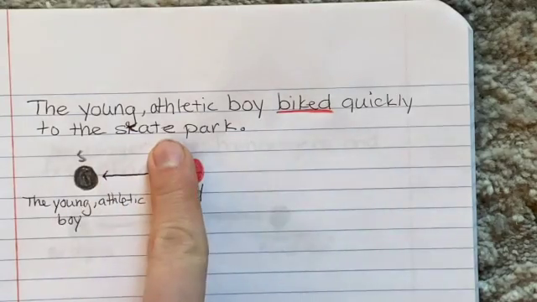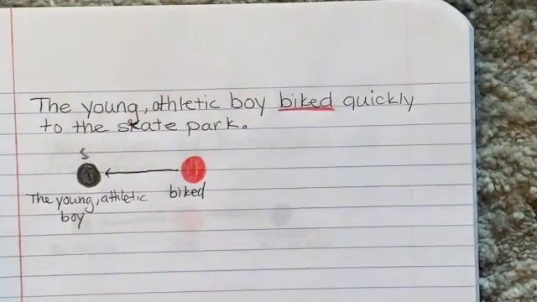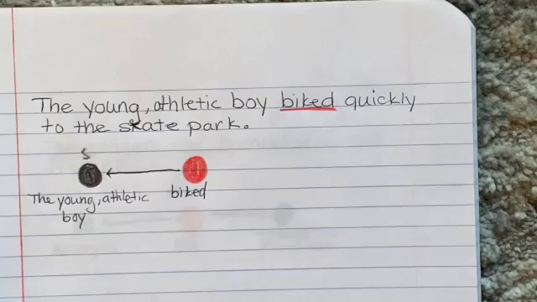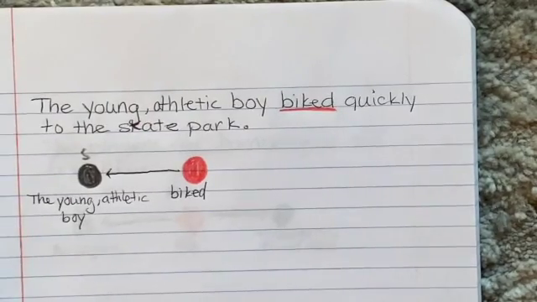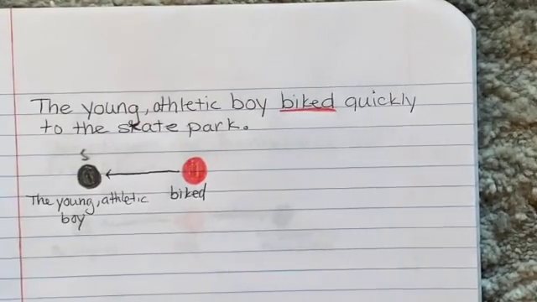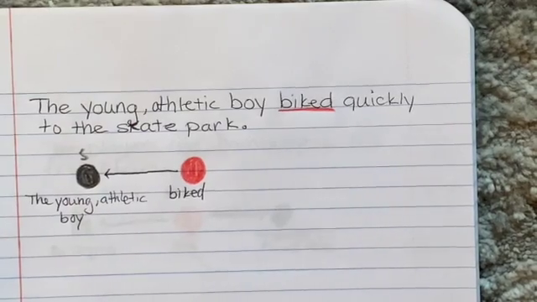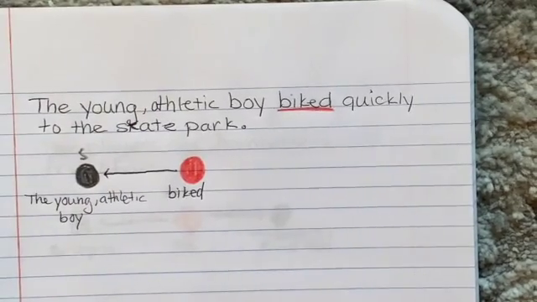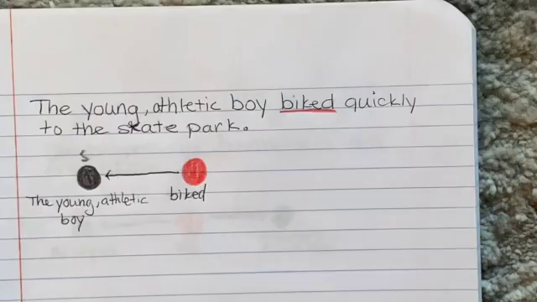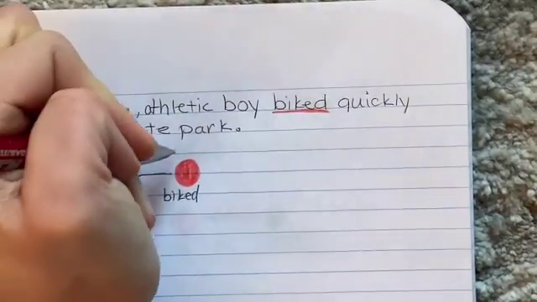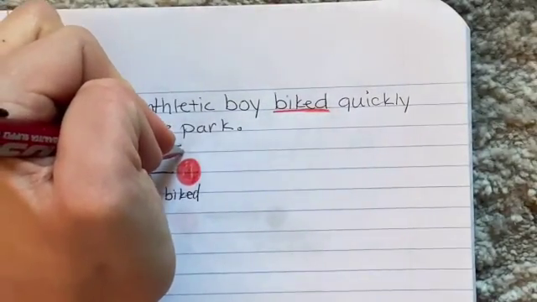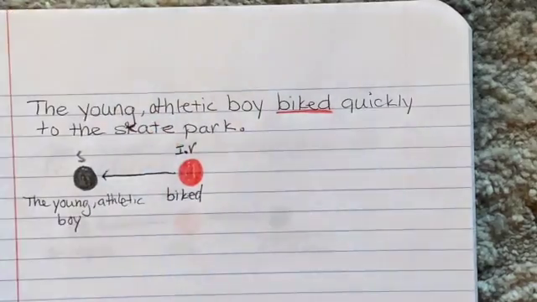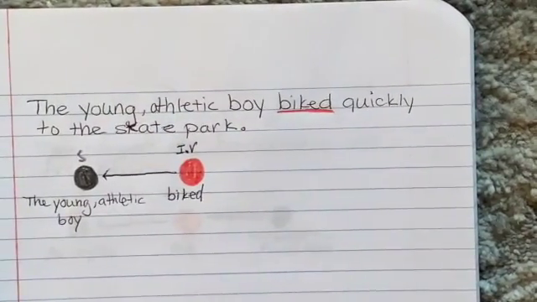Quickly to the skate park. That doesn't answer that question, what, does it? It's describing how he did it and to where he went. It doesn't transfer the verb. So this is an intransitive verb in this example. We'll put IV for that.